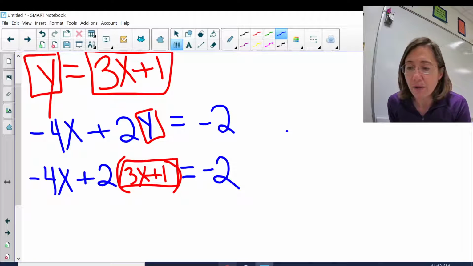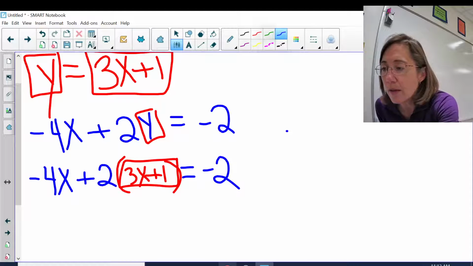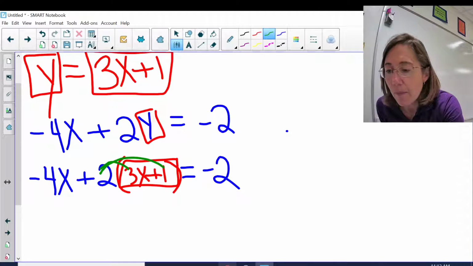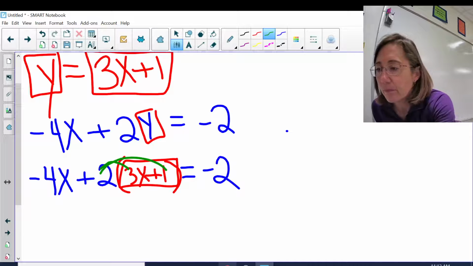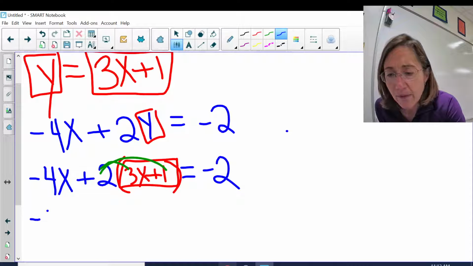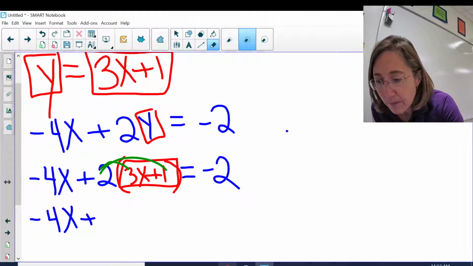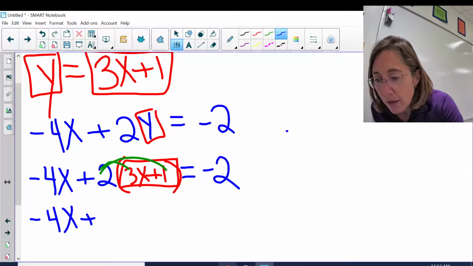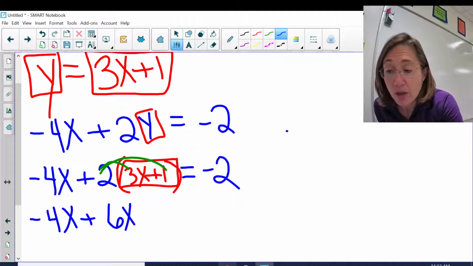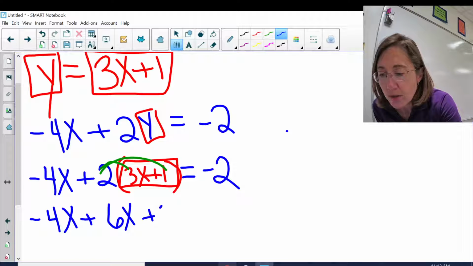So now we want to simplify stuff. I have a 2 that needs distributed. So right here, I'm going to pass out that 2. So I'll have negative 4x plus, oh shoot, that'll be a 6 now, 6x. And then the 2 times the 1 is 2, so plus 2.